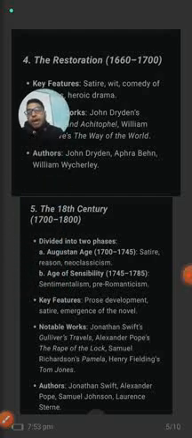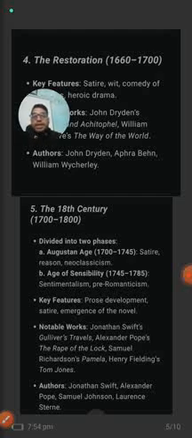So now after the Restoration, our period in sequence is the 18th century. The 18th century begins with 1700 to 1800. If it starts with 1800 to 1900, it is called the 19th century, right?